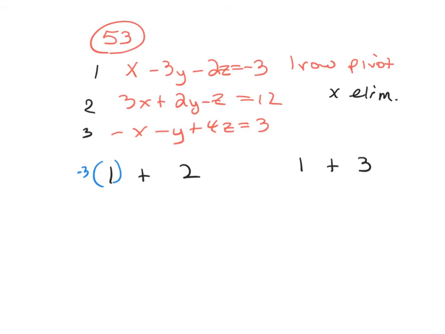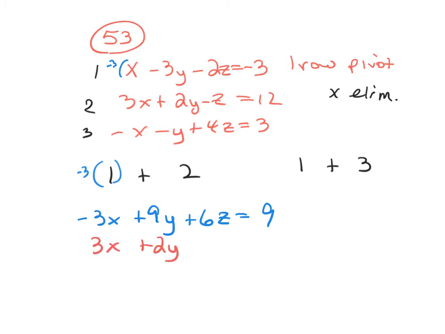So row 1, when I distribute a -3, becomes -3x plus 9y plus 6z equals 9. I'm going to write row 2 underneath it.